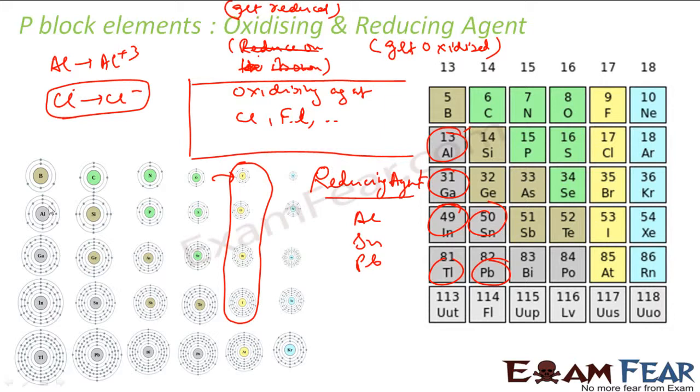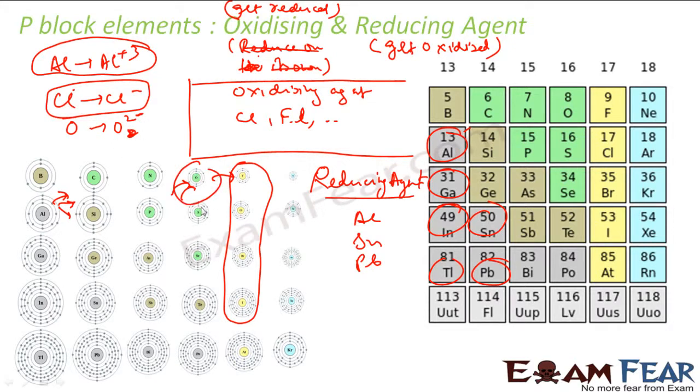Aluminum has a choice of either giving three electrons or taking 5 electrons. Nobody will give 5 electrons, so aluminum will give 3 electrons and have a tendency to become Al plus 3. Chlorine will have a tendency to get Cl minus. Oxygen also has a tendency to become O2 minus, because if it gets 2 electrons, it will become stable.